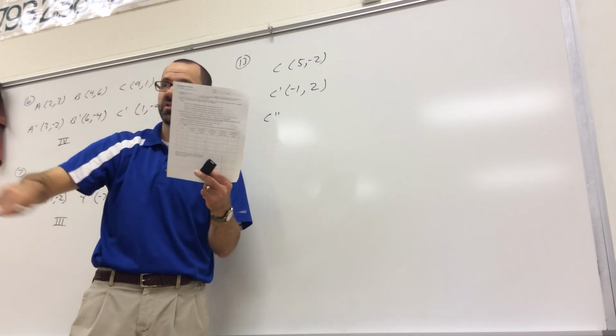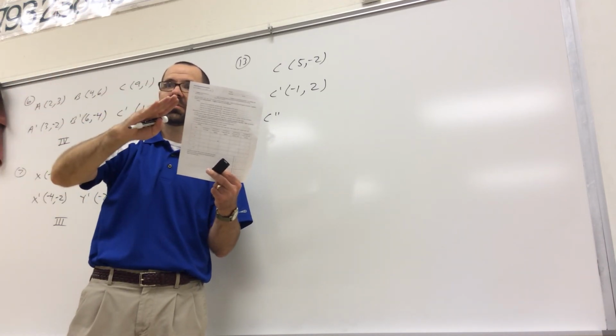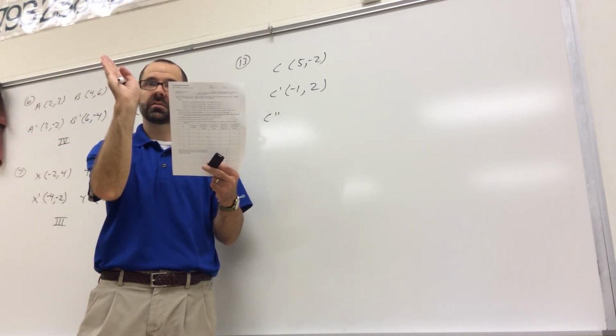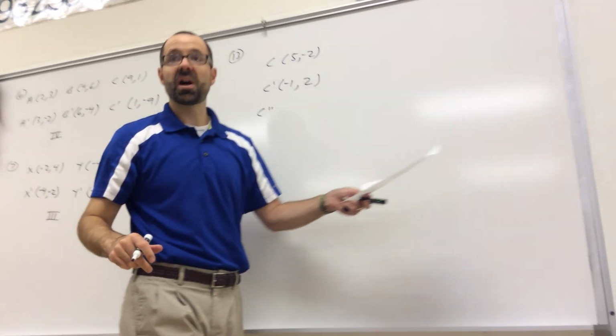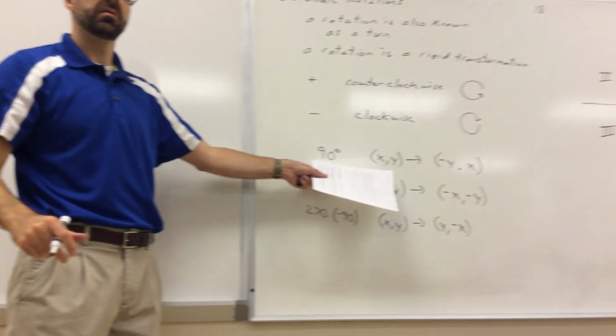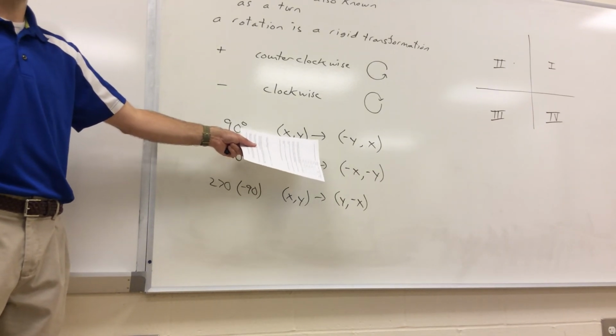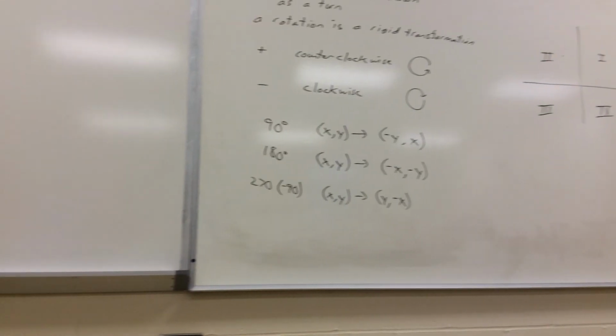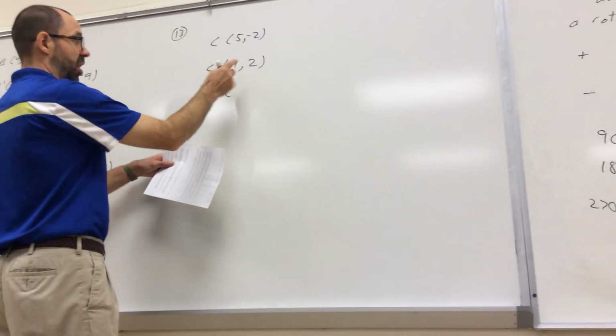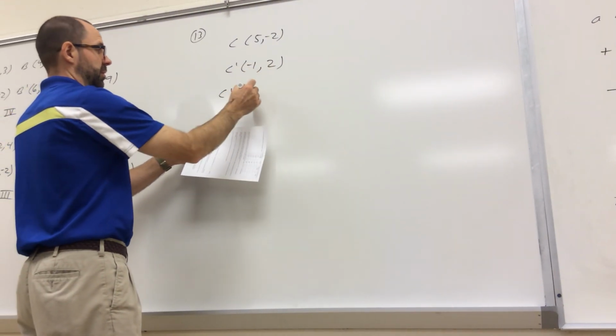If you go -270, it's the same as +90. Okay, so we're going to use the +90. So the x and the y switch. So -2, 1. So these swap and that one opposites.